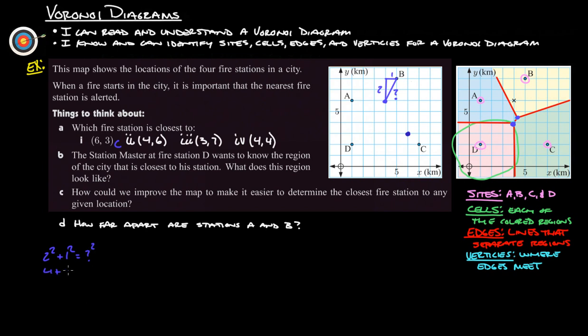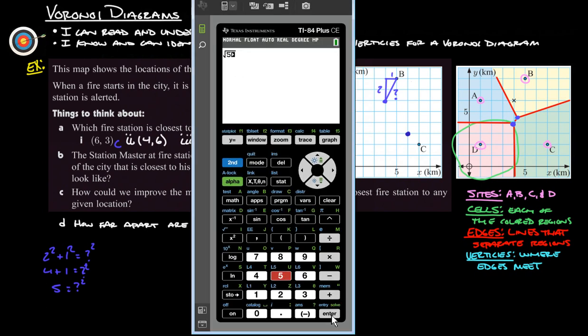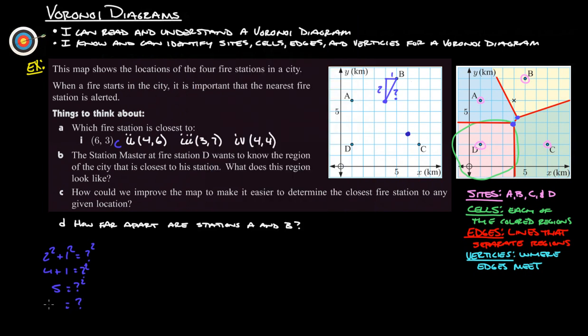So 4 plus 1 is question mark squared, and that's 5. Then we take the square root of 5, and we get 2.23. So this distance right here is 2.23, which is definitely closer than 3. So that means that B is the closest.